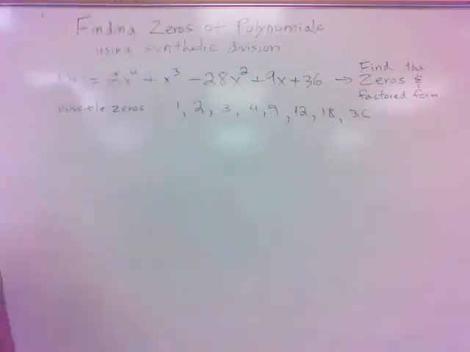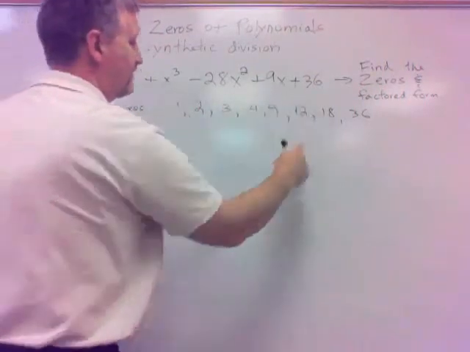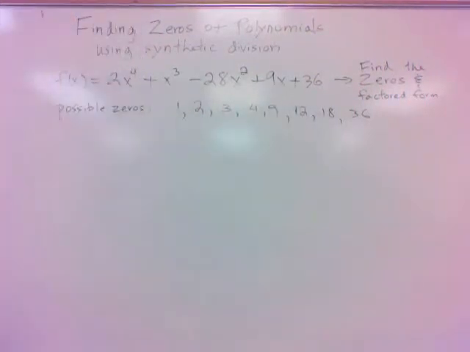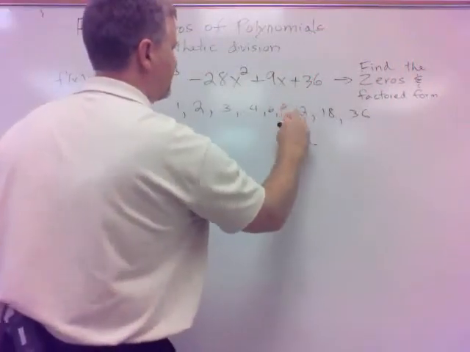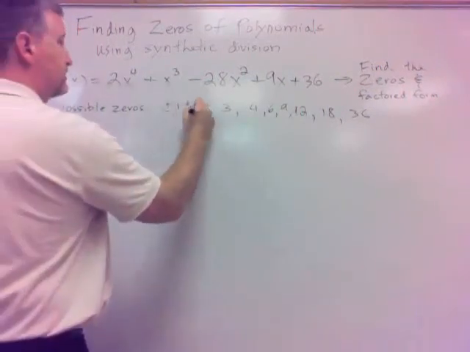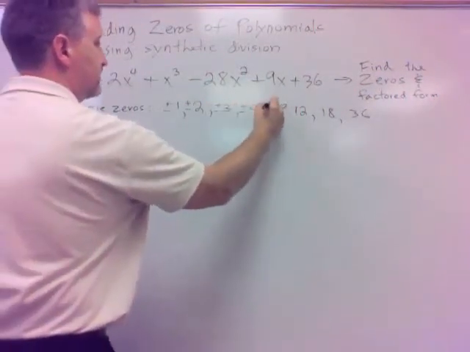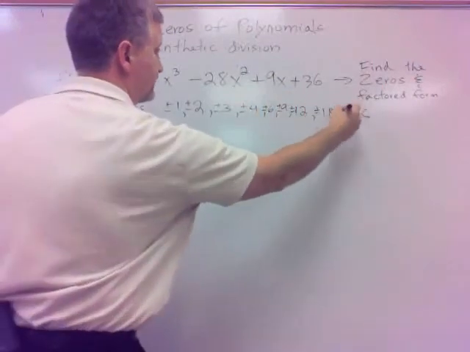And then, if we want to get into fractions, we could divide all those by 2. Oh, I forgot one, didn't I? 6? There's 6 in there. What else? Or minus those, right? Plus or minus any of those? So surely one of those will work, at least.